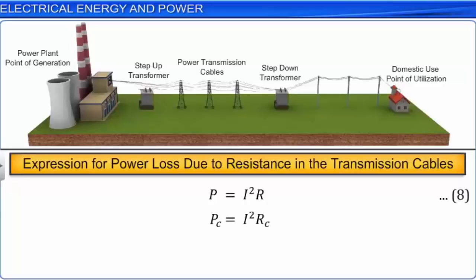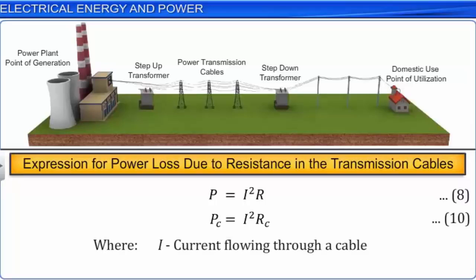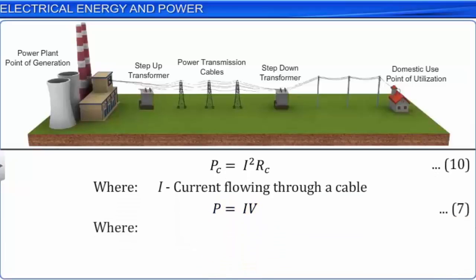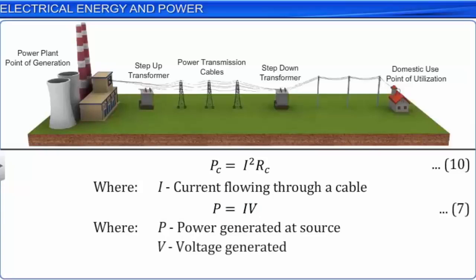Let this be equation 10, where I is the current flowing through a cable. According to equation 7, P is equal to IV, where P is the power generated at source, V is the voltage generated, and I is the current flowing through the cable.